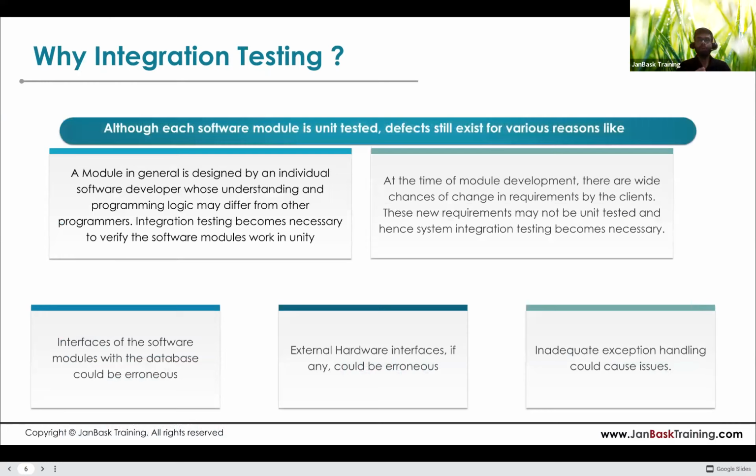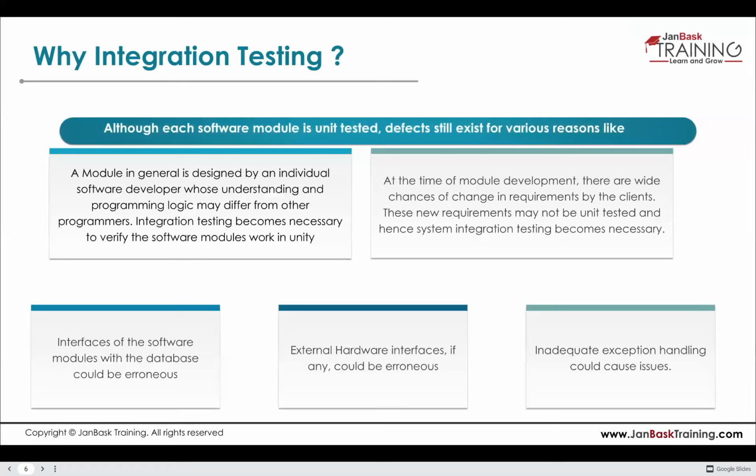Now in case of development, the teams might not have the proper knowledge of the other module, because they are involved in the development of their own module. So they might not have the in-depth knowledge or the programming logic of the other module which is being developed by some other team, right?